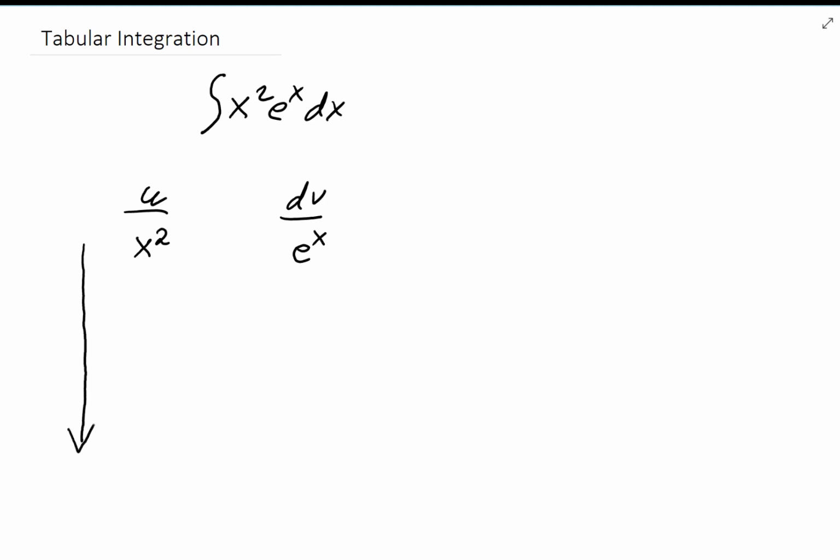Okay, now down the u column, we're going to take derivatives. And down the dv column, we're going to take antiderivatives.